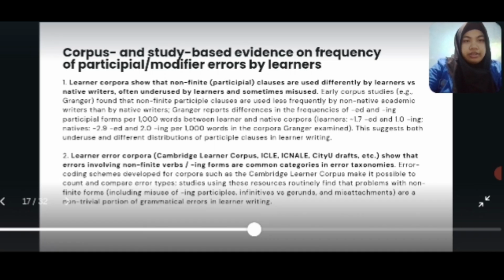Error coding schemes developed for corpora such as the Cambridge Learner Corpus make it possible to count and compare error types. Studies using this resource routinely find that problems with non-finite forms, including misuse of -ing participles, infinitives versus gerunds, and misattachment, are a non-trivial portion of grammatical errors in learner writing.